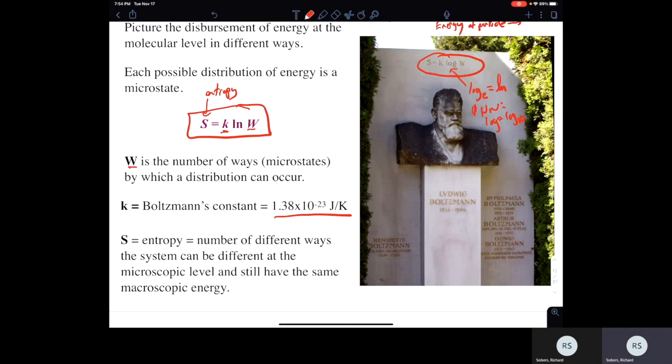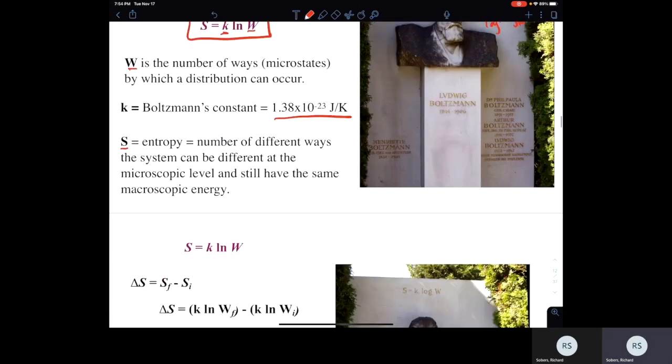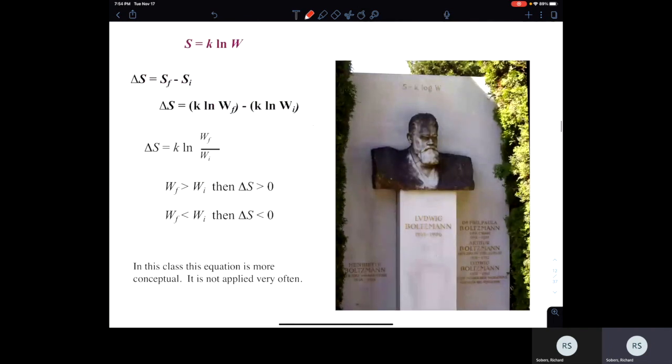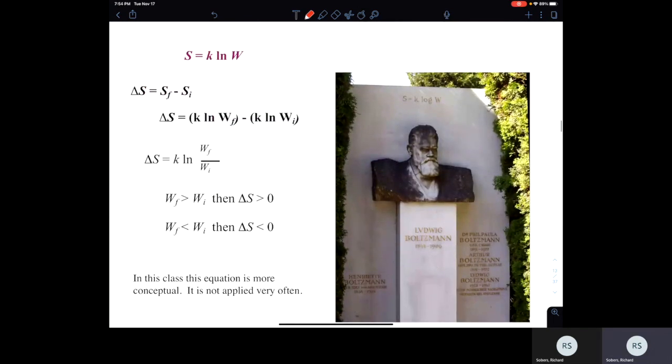So entropy, the way to think about this equation, is the number of different ways the system can be different at the microscopic level and still have the same macroscopic energy. So let's explore that a little bit.